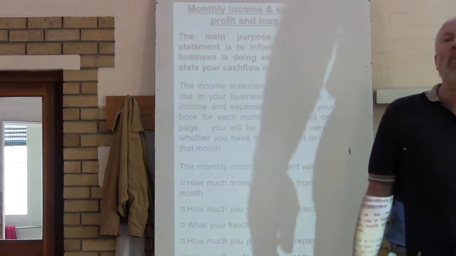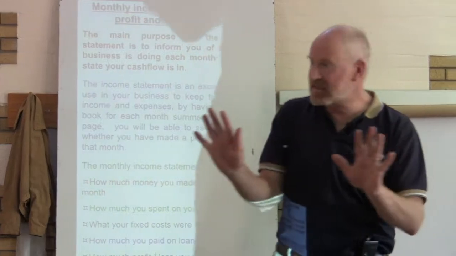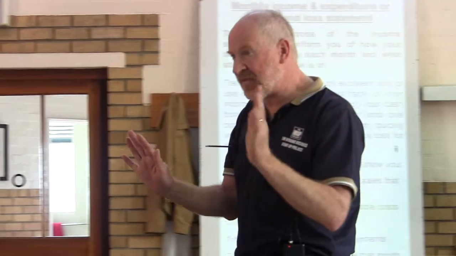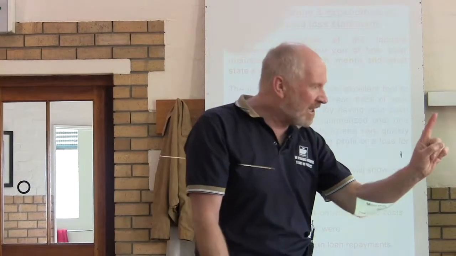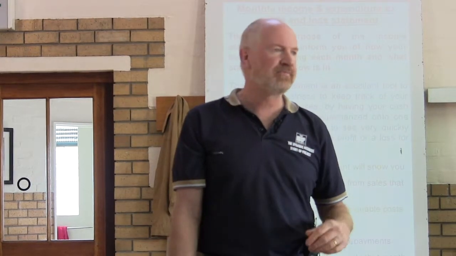It's 12 plus 1. Okay, 13. Because you've got 12 months in the year, so you need to have an income statement for January, February, March, April, May, June, July, August, September, October, November, December, and then one income statement that summarizes all 12. It's called the yearly income statement. So it's a monthly income statement, 12 of them, and a yearly income statement.